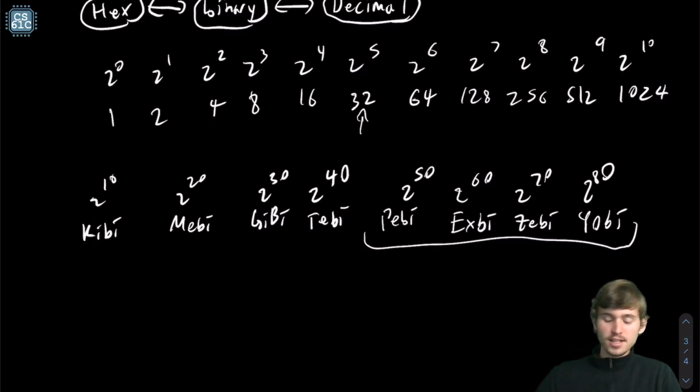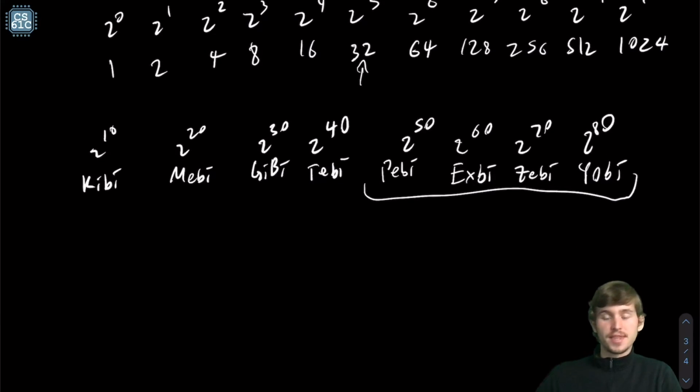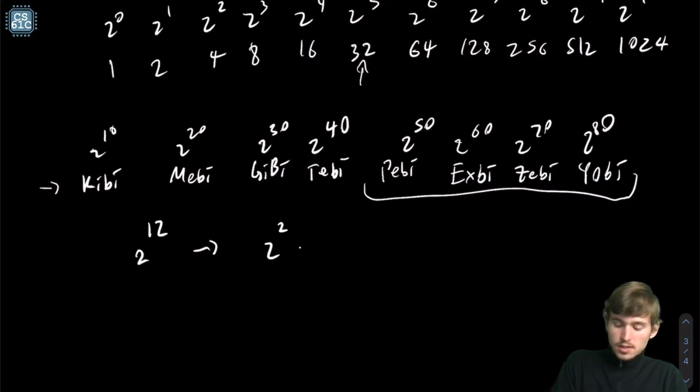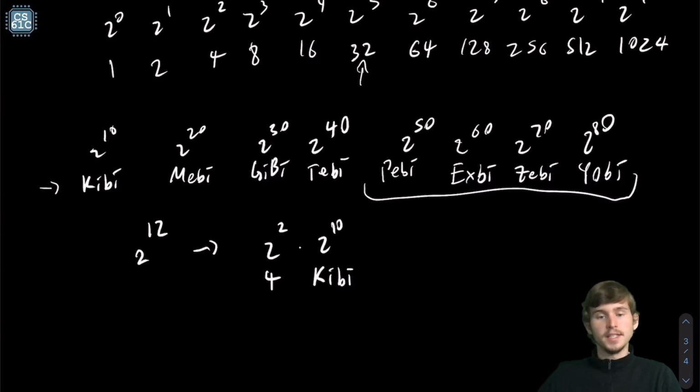And some other really useful things that you should know with this is, say I have the value 2 to the 12. Well, if I want to represent this with these names, I can quickly convert this down to 2 to the 2 times 2 to the 10. And so this 2 to the 10 is a kibi, and then 2 to the 2 is 4. So I have 4 kibi, so that's what 2 to the 12 is.